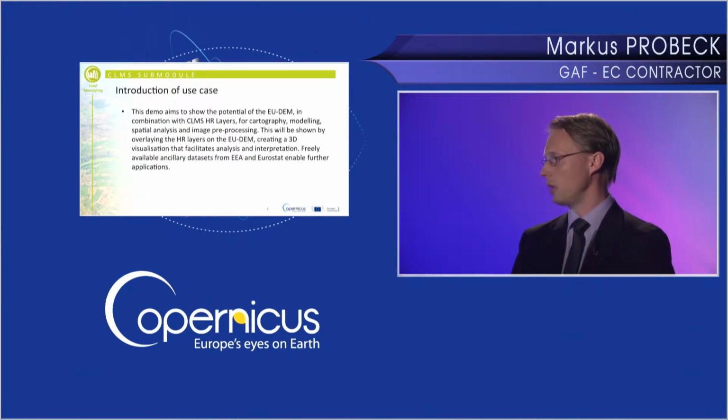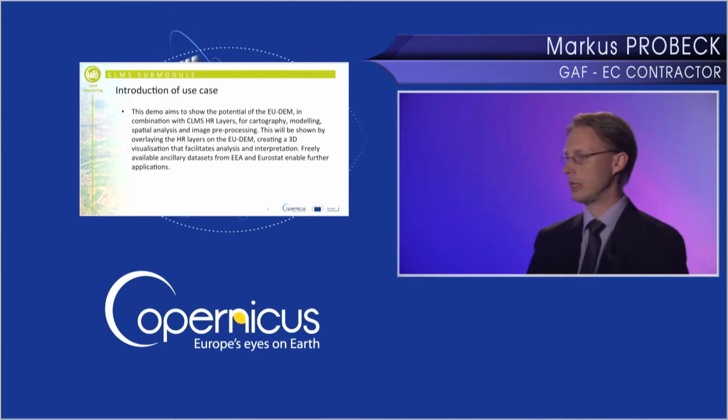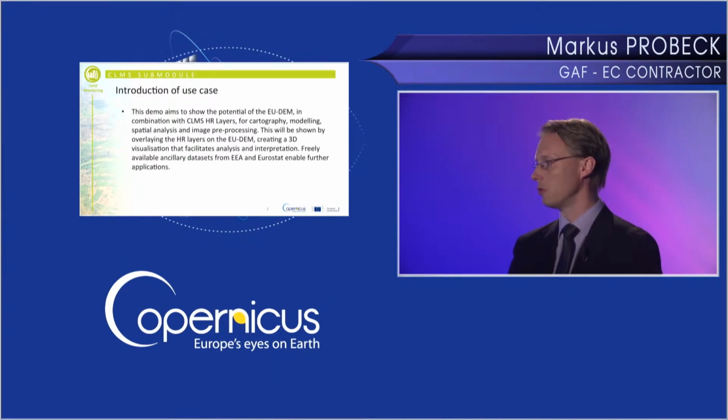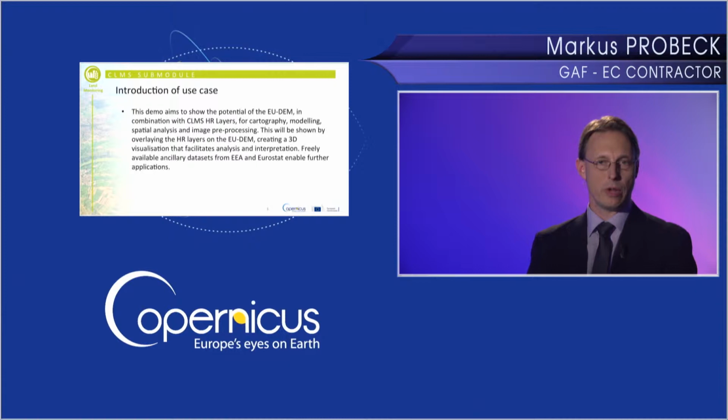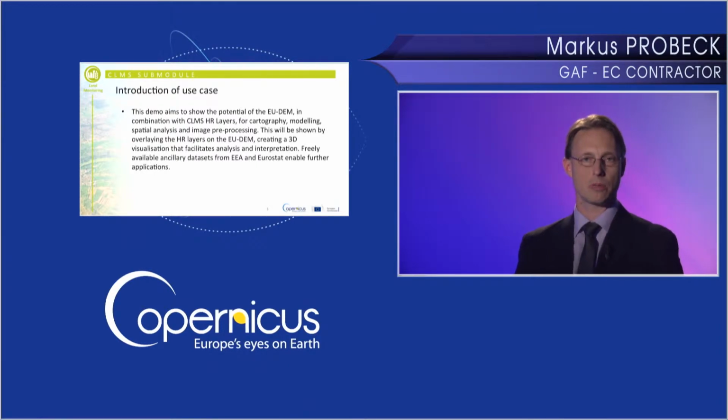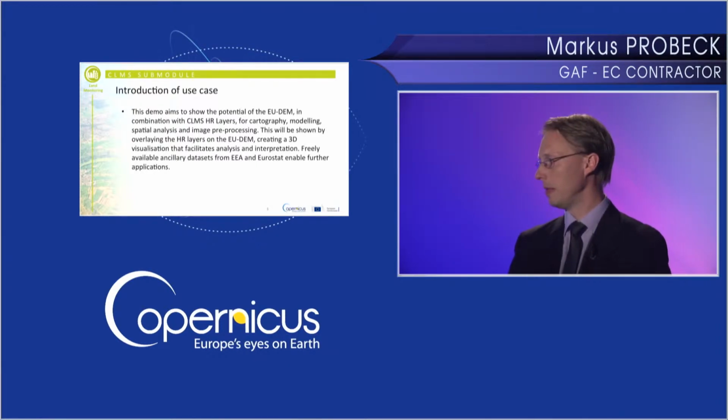In this case, we aim at creating a 3D visualization, and that can be used basically for visualization purposes, but also for all kinds of analysis and interpretation. These datasets are all freely available and can be relatively easily combined with commercial or freely available GIS and image processing software.